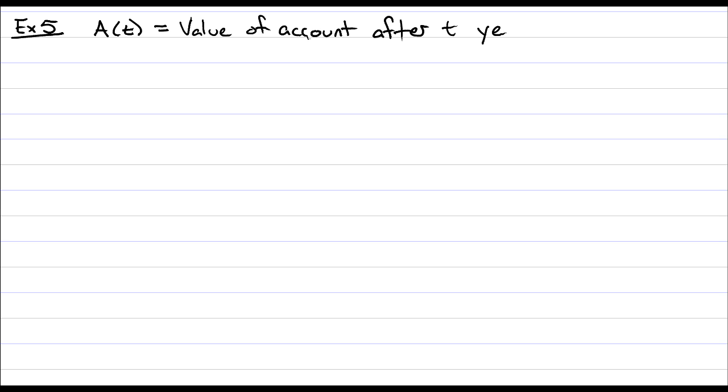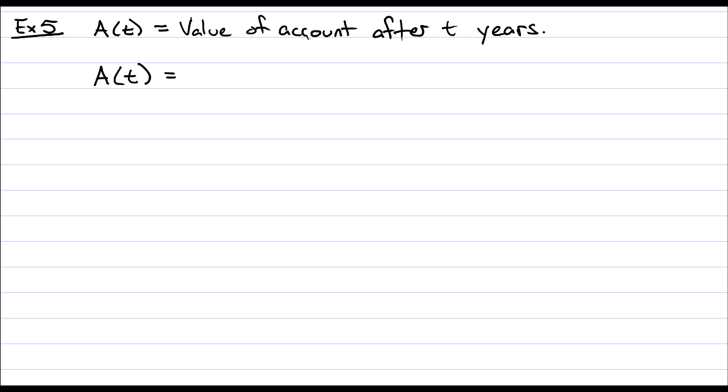Okay, and in this case, we're told that we're collecting interest continuously. In the next chapter, chapter 3, we're going to learn about all kinds of different interest schemes, including different types of compound interest. But for continuous compound interest, we use the following formula.